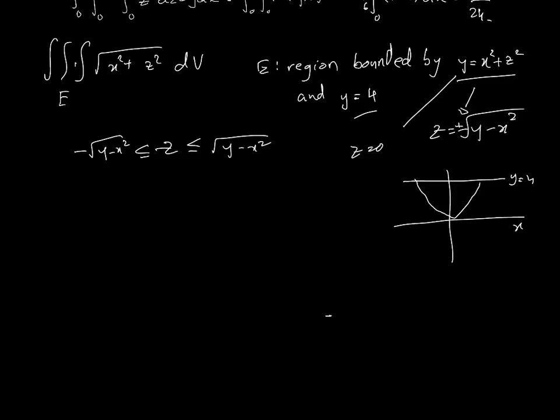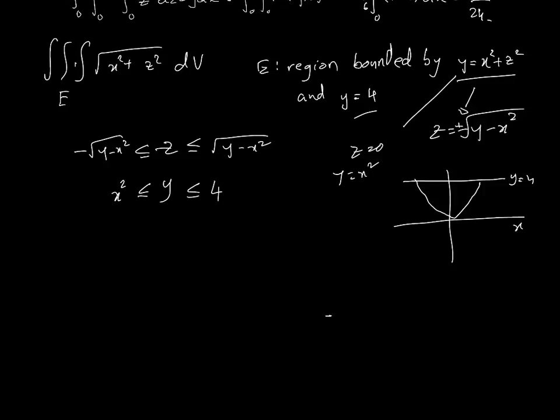What's the picture you see? That will give you y equals x squared, and we know y is equal to 4. Clearly we can see that the parabola x squared is the lower curve, and the higher curve is y equals 4. Okay, so y is between x squared and 4.